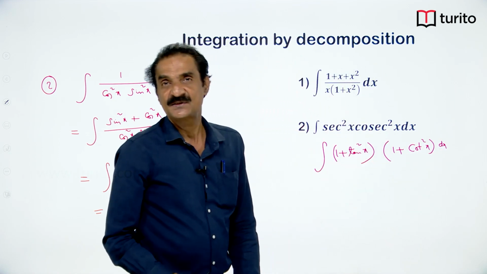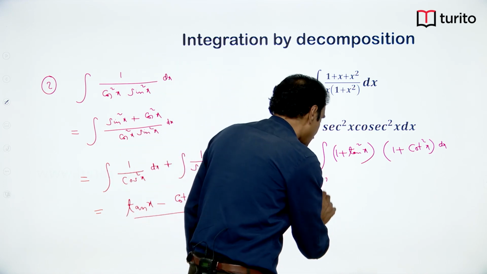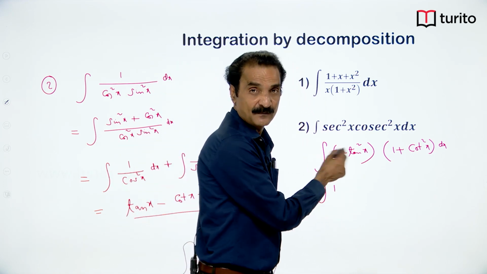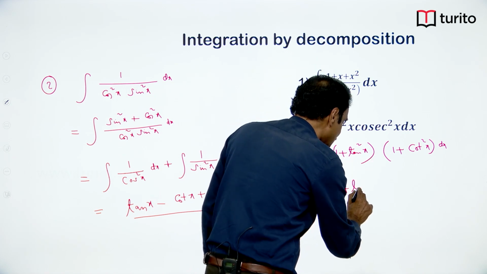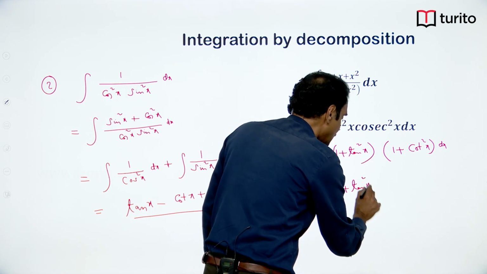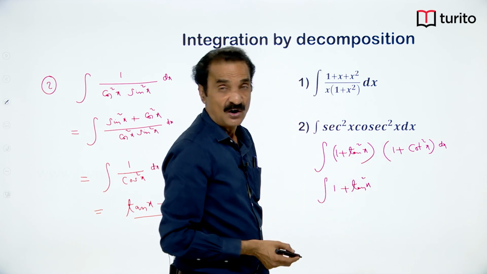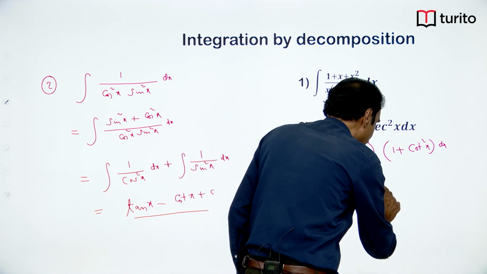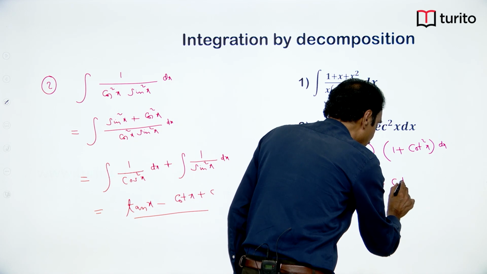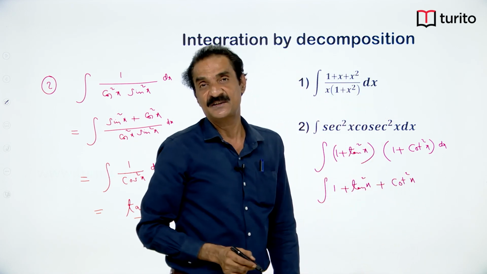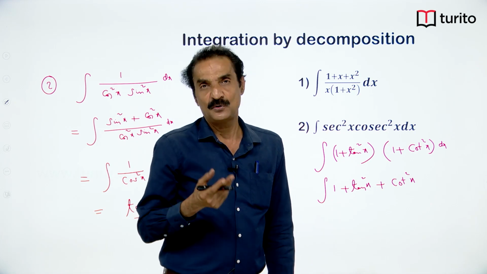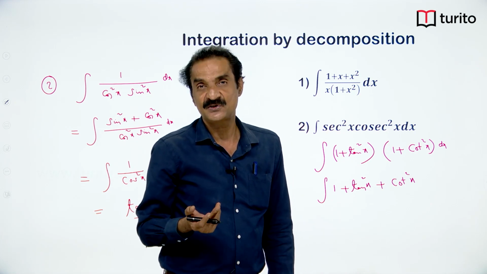Multiply the two brackets, you are going to get 1 into 1, 1 plus tan square x into 1, tan square x, 1 into cot square x, and finally tan square x into cot square x is 1. You know that tan x and cot x are reciprocals of each other.